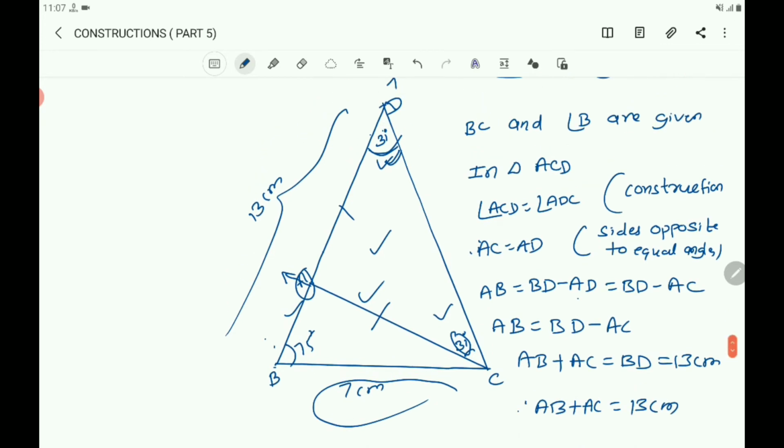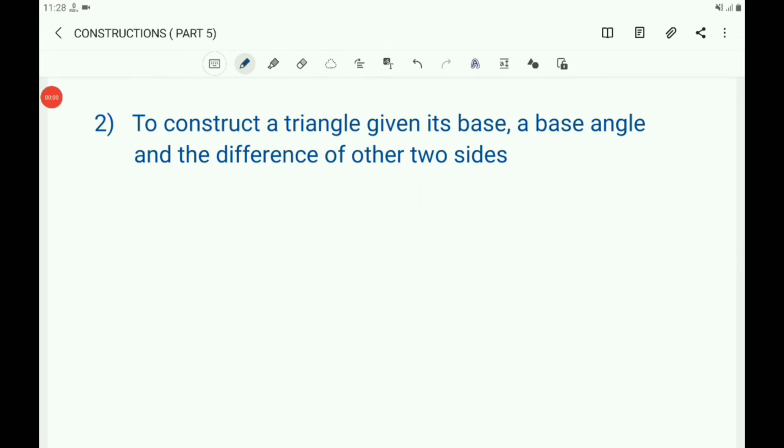This is the justification. Second type of construction: to construct a triangle given its base, a base angle and the difference of the other two sides. In this situation, the base will be given, one base angle will be given, and the difference of the other two sides will be given.